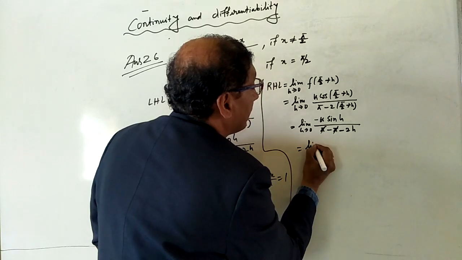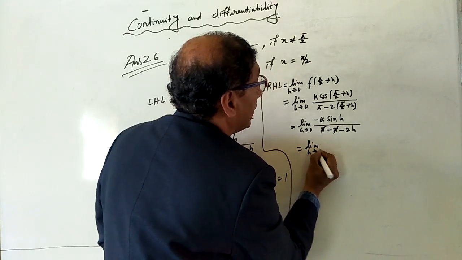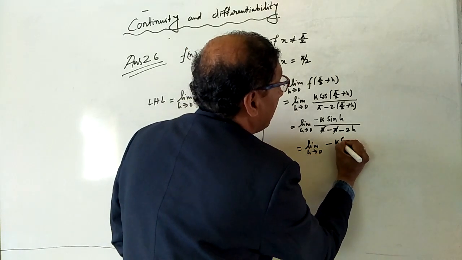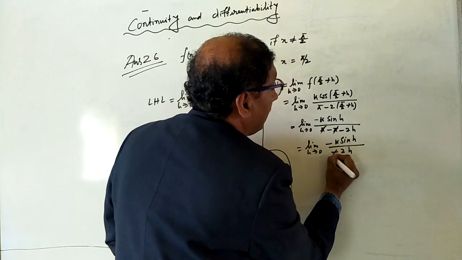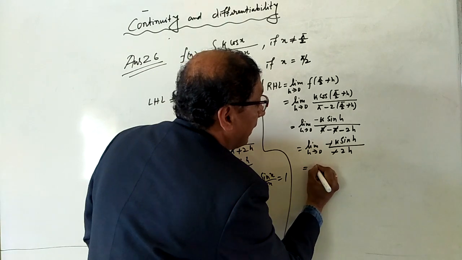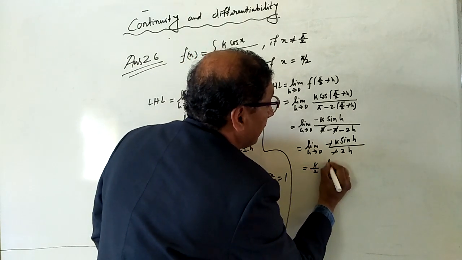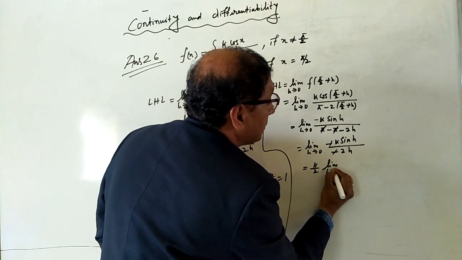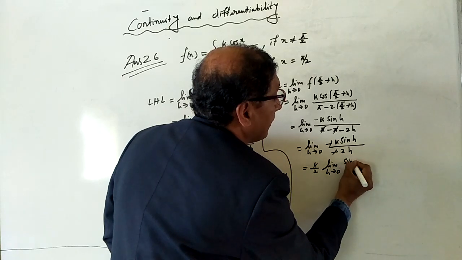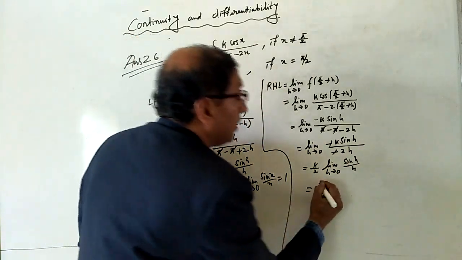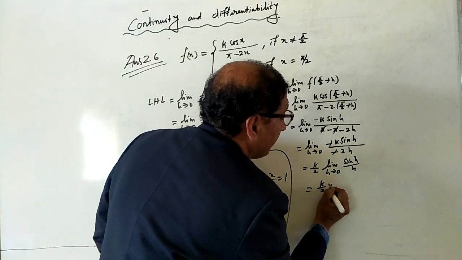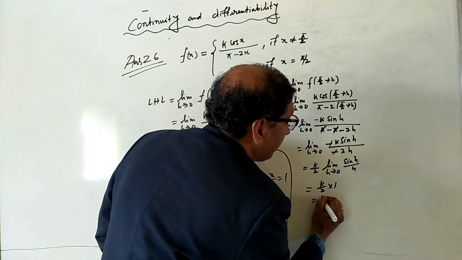So limit h tends to 0, minus k sin h upon minus 2h, minus cancels, k by 2 take common, limit h tends to 0, sin h upon h. Already we have written that is 1, so it is also k by 2.